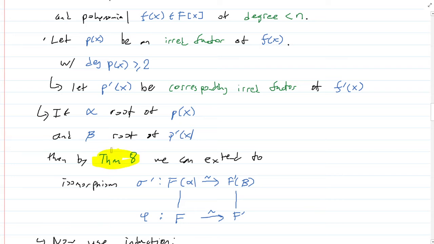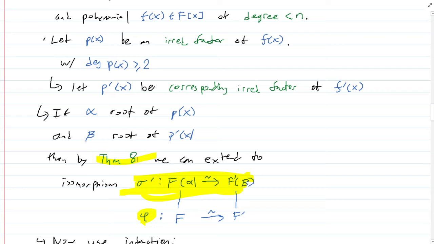Basically the concept of this theorem was that if you have an isomorphism between fields and you have an irreducible polynomial here and a corresponding irreducible polynomial here, and you extend the field by a root of this irreducible polynomial and also extend this field by a root of this irreducible polynomial, then there exists an isomorphism between those new fields, which extends this.